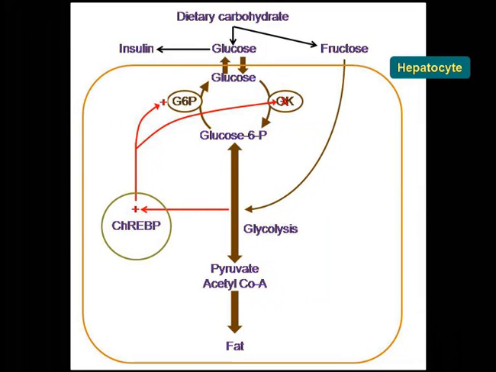But the effect of carbohydrate response protein is to affect two key enzymes. The glucokinase responsible for glucose uptake in the liver, which is effectively blocked, and glucose 6-phosphatase, which is responsible for glucose release from the liver, which is enhanced.